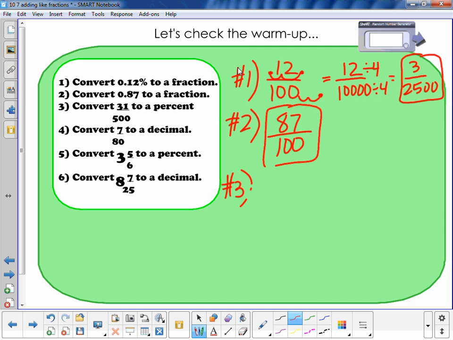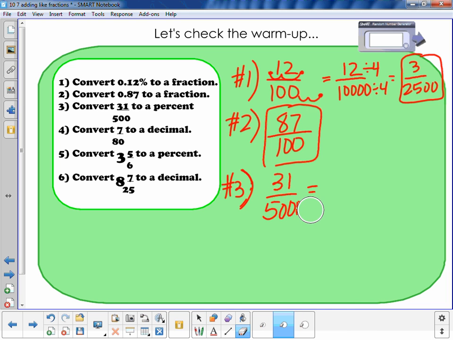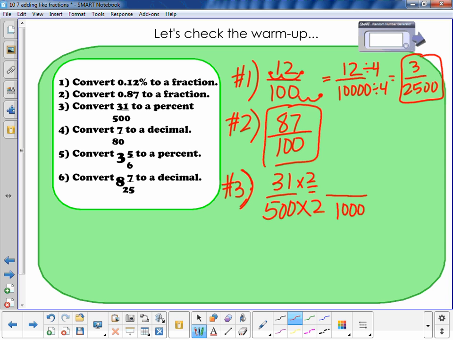Some of you might have seen it as 31 over 500, and then you said, well, oh, excuse me, I wrote 5,000. 500, there we go. 31 over 500, and you probably didn't want to have a decimal in your fraction, which is fine. So some of you maybe multiplied by 2 to get your denominator to be 1,000, and then 31 times 2 is 62.